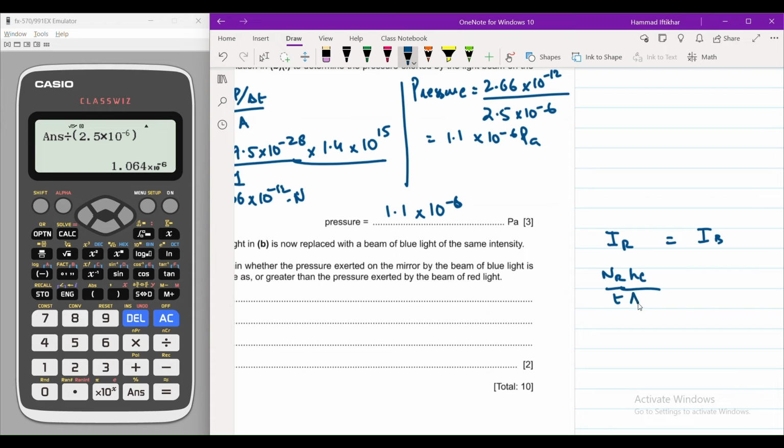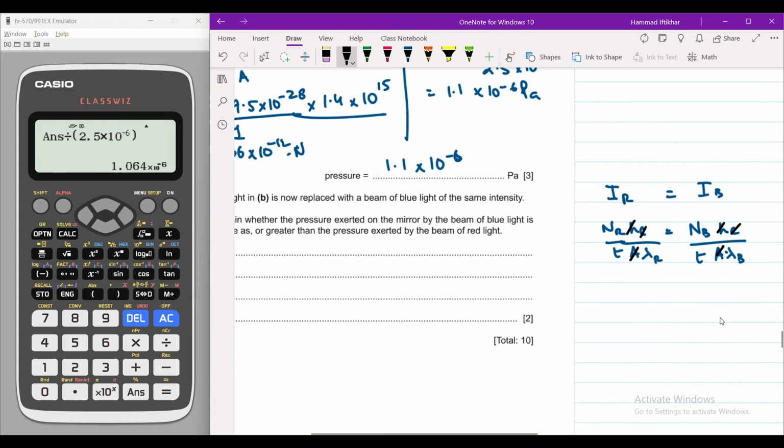So N_R hc over A lambda_R is equal to N_blue hc over A lambda_B. So we know that h is the same, c is the same, area is the same.